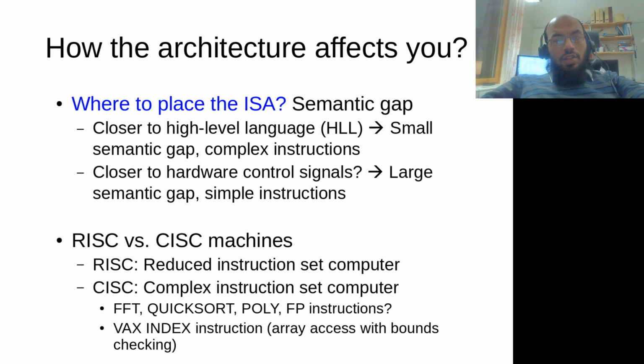And then from another point, that architecture affects you in other ways. For example, where do you place your ISA? Do you make it very high level, so you have complex instructions, so you support if statements? Some ISAs, for example, support fast Fourier transforms. So they support these things, and then you're very close to high level languages, because a Fourier transform would then be equal to a function on the ISA.